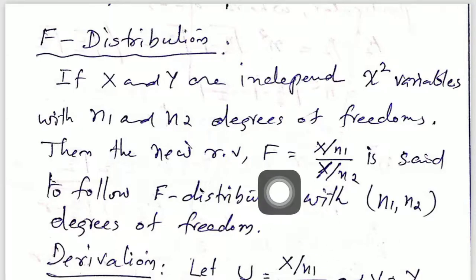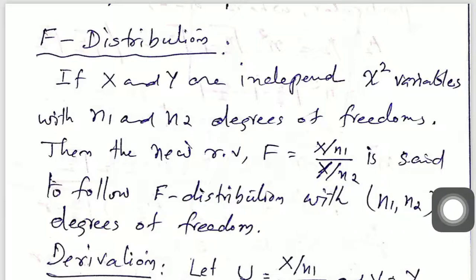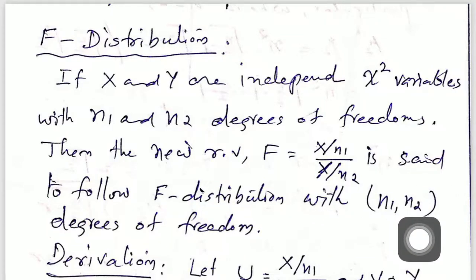Okay, you see that here the random variable f is equal to (x/n1)/(y/n2). Numerator is the chi-square variable with n1 degrees of freedom, and denominator is the chi-square variable with n2 degrees of freedom. And you should write F distribution with n1, n2 degrees of freedom.